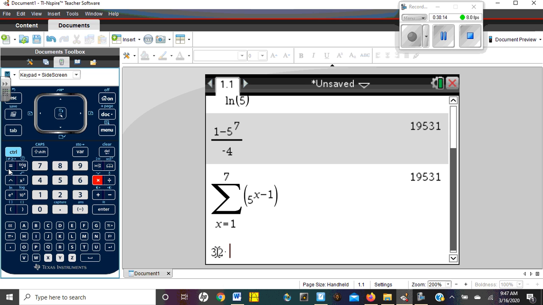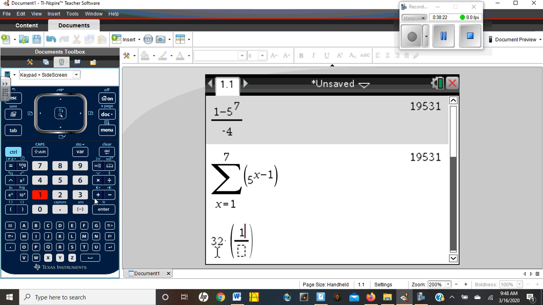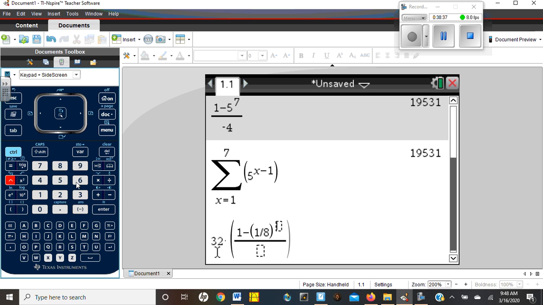So 32 multiplied by, let's go ahead and bring parentheses in, fraction bar, 1 subtract, and I'm going to use parentheses again, I just like to be careful, 1 divided by 8 raised to the 6th power.